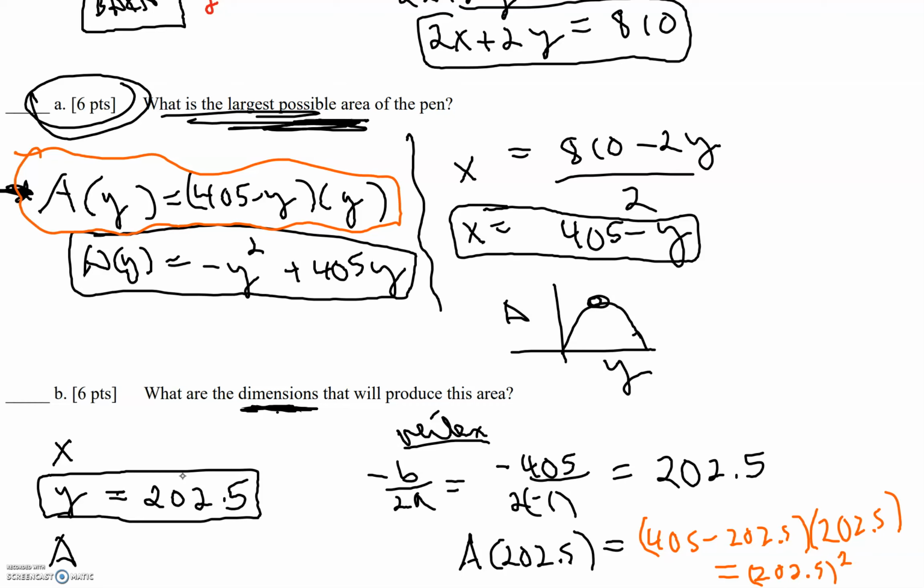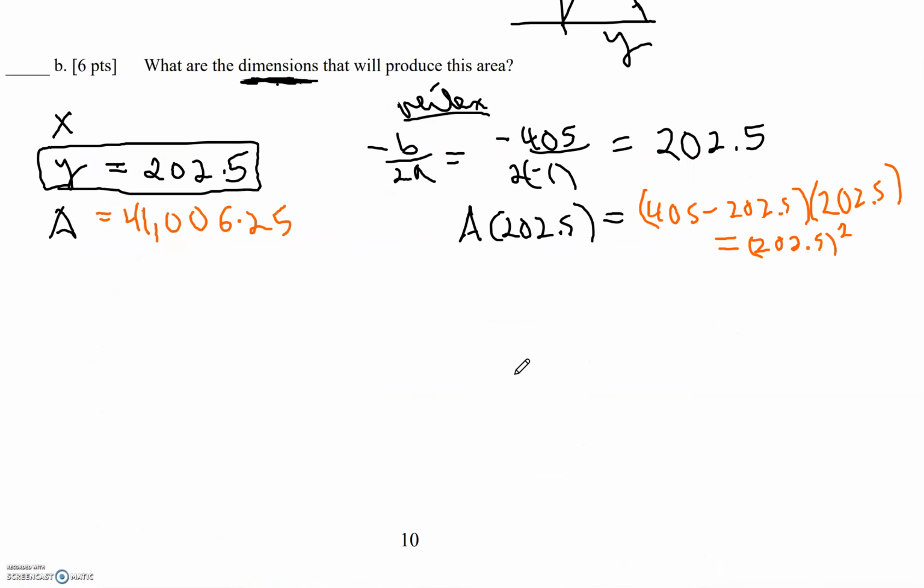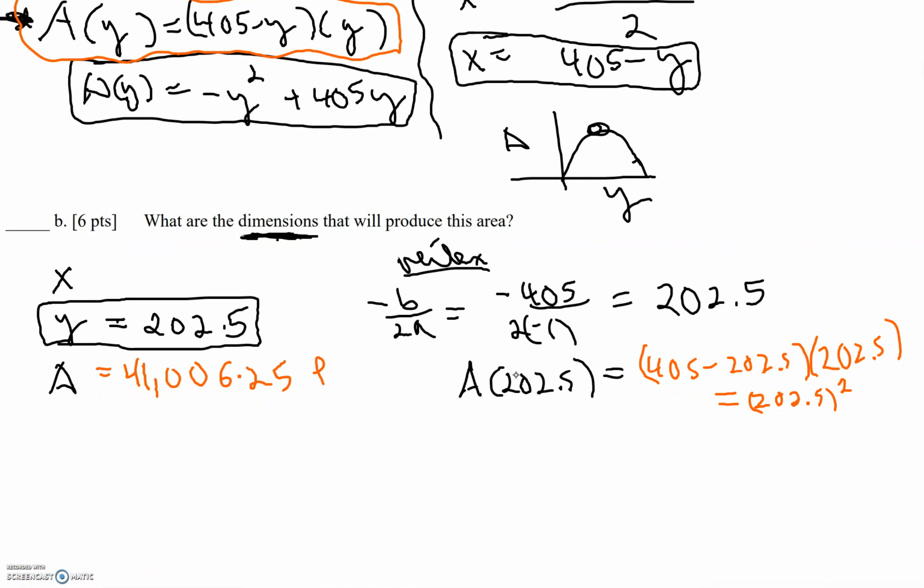So you can figure that out, whatever that is. You know what, I'll just do it. That is 41,006.25. Is this feet? I forgot. It is feet. Square feet. And this is just regular feet.